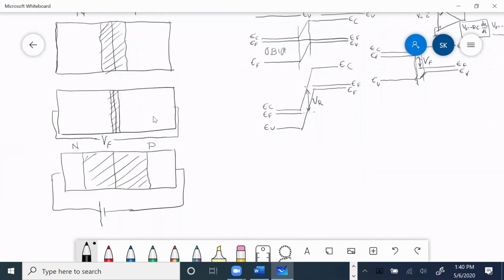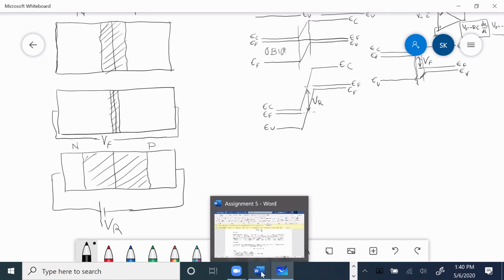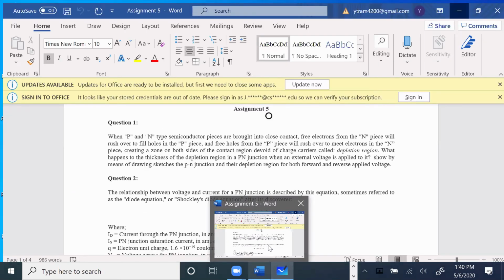All right. So this is V reverse, and that's V forward. That should have been this. This is the answer to question 1. I'm sorry about that. Okay. So now we can go to the next question.